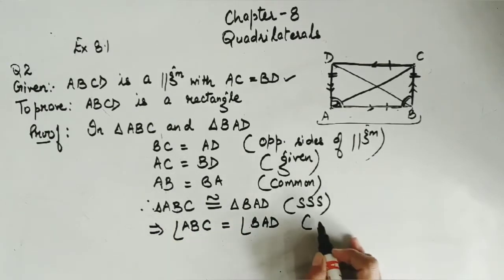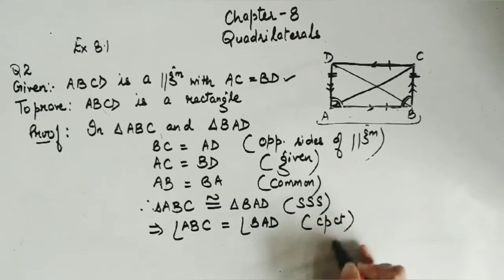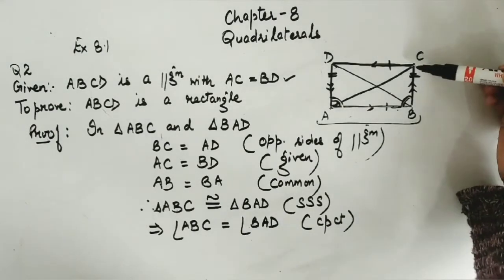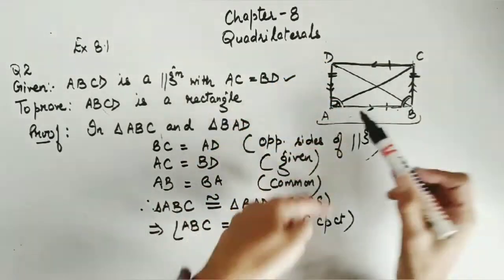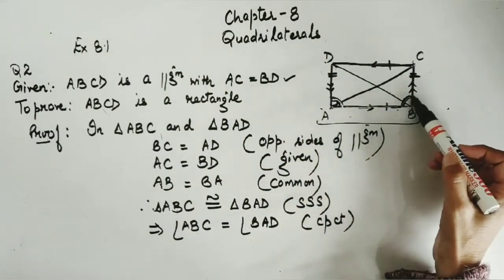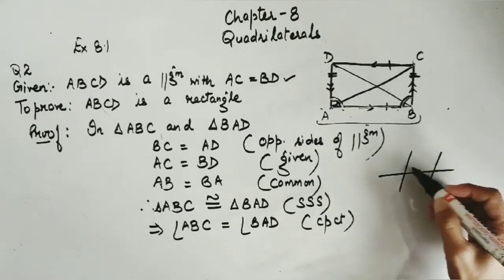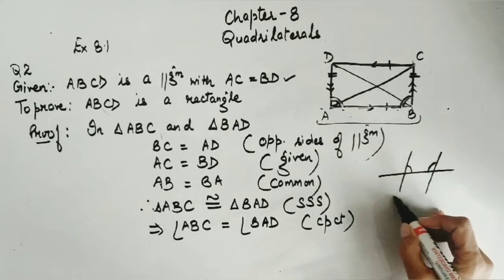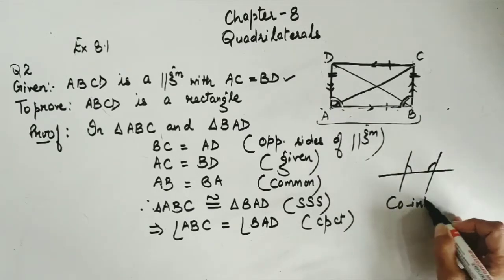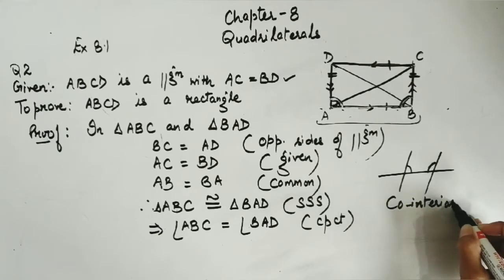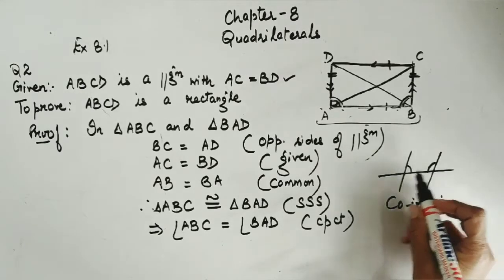This is by CPCT. But since these are two parallels, this is a transversal, these are co-interior angles, angles formed on the same side of transversal. They are co-interiors. And what do you know about co-interior angles? They add up to 180.